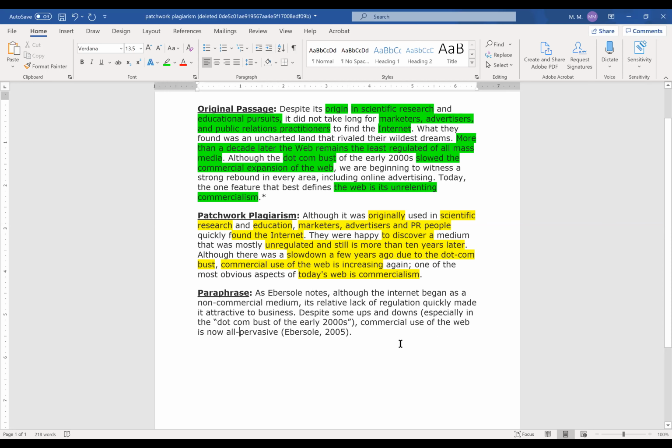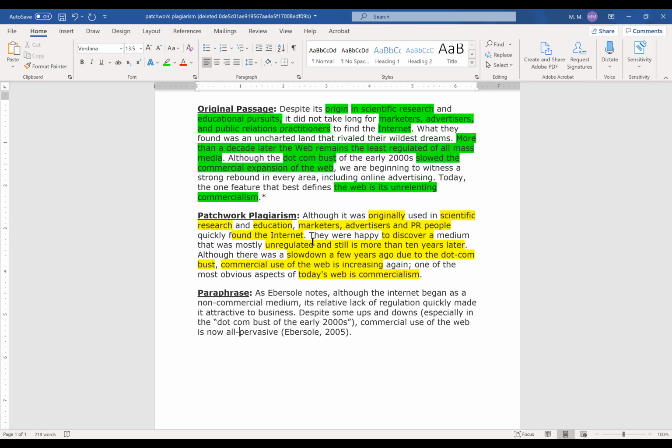So how do you avoid patchwork plagiarism? My one biggest tip is, as you're reading the original source, I want you to look at what it says and then look away from it and type in your own words what you would say the source said in your note tracker.